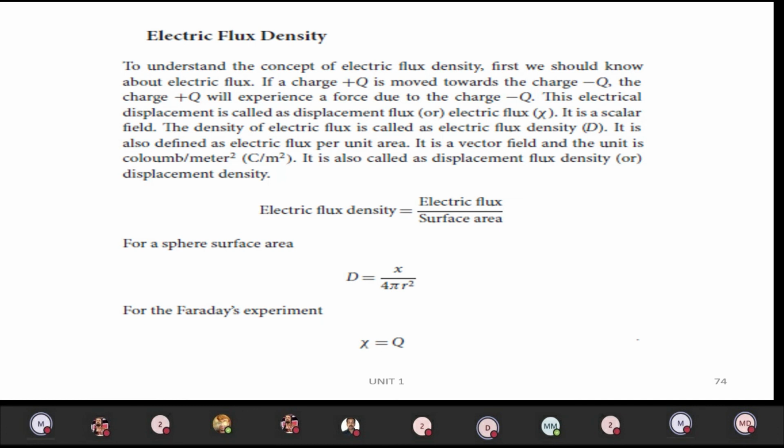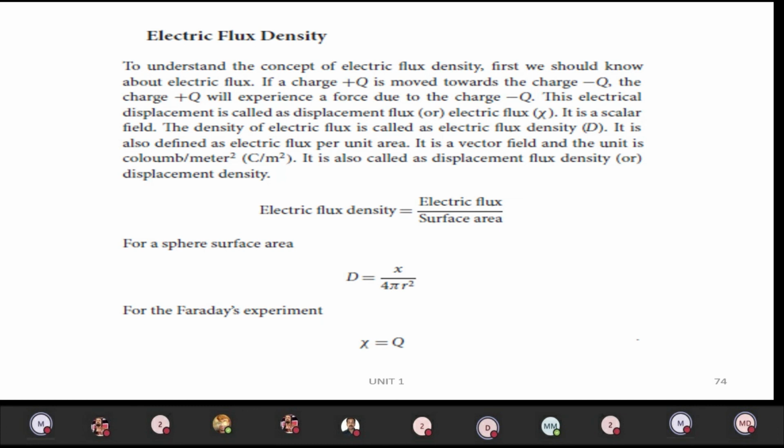The other name for electric flux density is displacement density or displacement flux density.